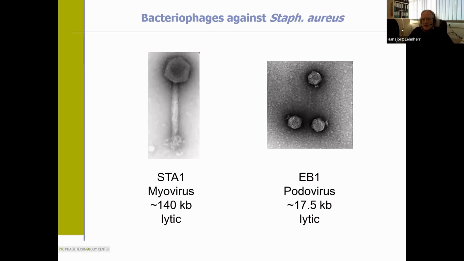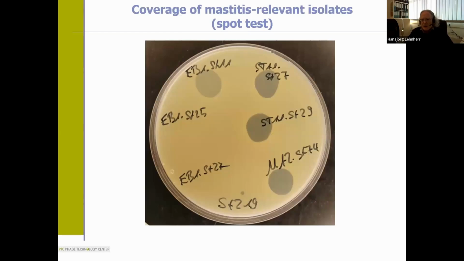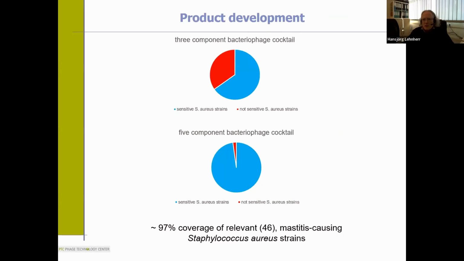The question is, are they active against Staphylococcus aureus strains that cause mastitis? And we can use steamroller tactics and just make a spot test and score these positive interactions. We can also do a more sophisticated efficiency of plating assay. And combining this information, we can compose a bacteriophage cocktail that covers mastitis-relevant isolates.